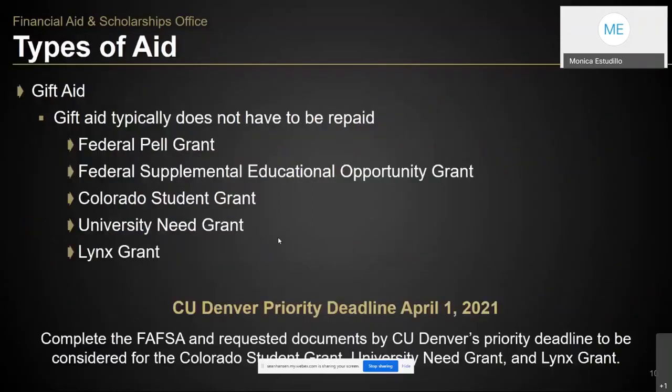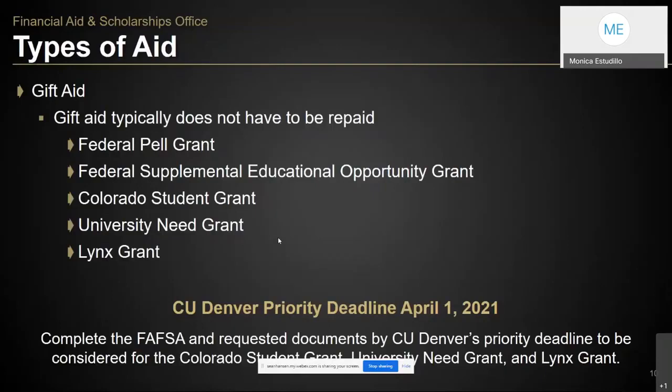And now we'll talk about the different types of financial aid. So gift aid is financial aid that you do not have to pay back. These are things like grants and scholarships. At CU Denver, the grants that we have are the Federal Pell Grant, the Federal Supplemental Educational Opportunity Grant, Colorado Student Grant, University Need Grant, and the Links Grant.